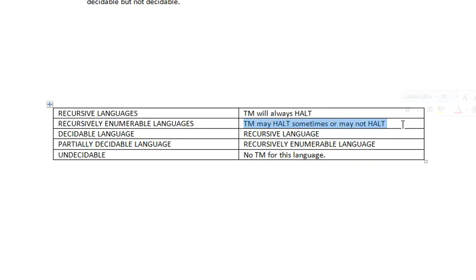But for the strings which do not belong to that language, it may halt sometimes or may not halt. Decidable languages, as I've already told you, are always recursive languages, and partially decidable languages are nothing but recursively enumerable languages. Undecidable means not solvable. That means no Turing machine for this particular language. So I think this table will help you a lot in getting the summary of all these languages.